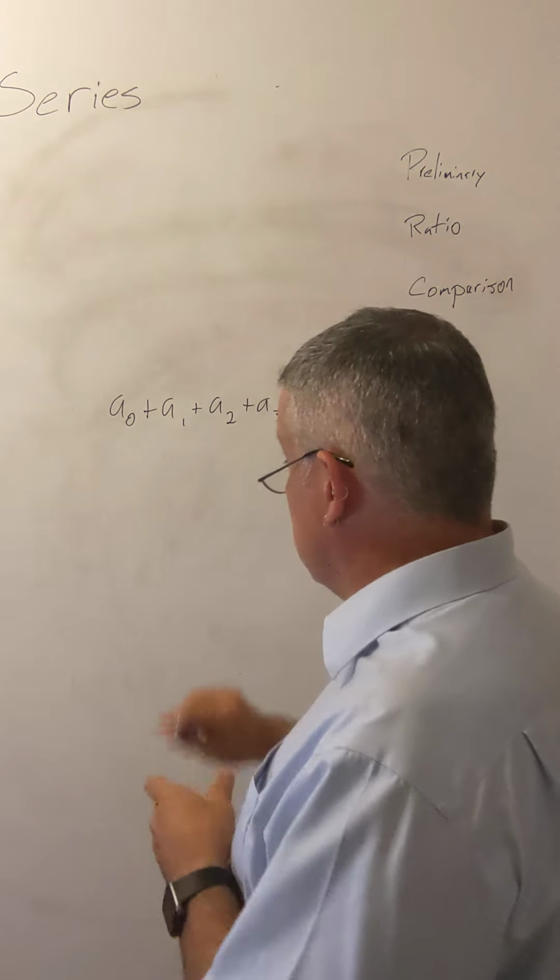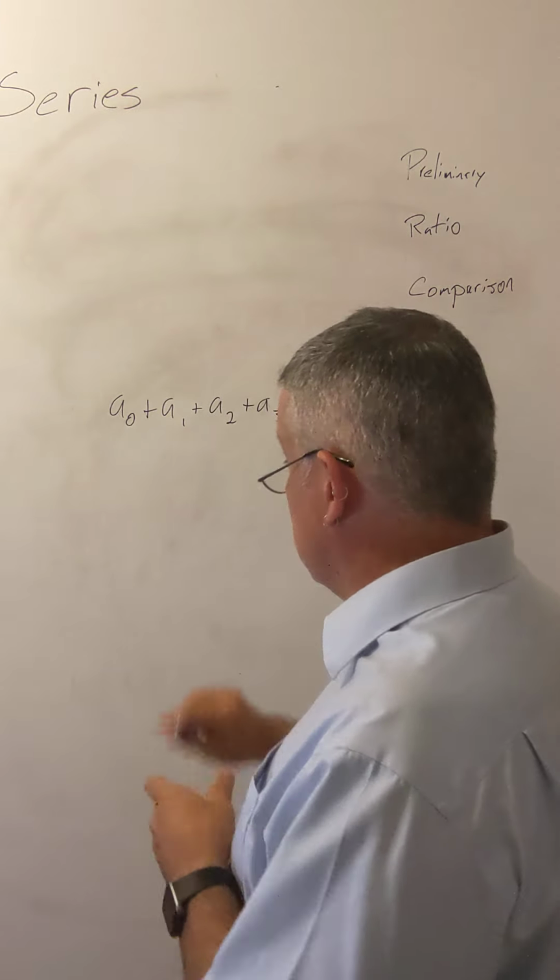If this limit gives us a ratio r, you can consider whether r is greater than 1. If r is greater than 1, then each term is bigger than the preceding one. So that clearly doesn't converge.